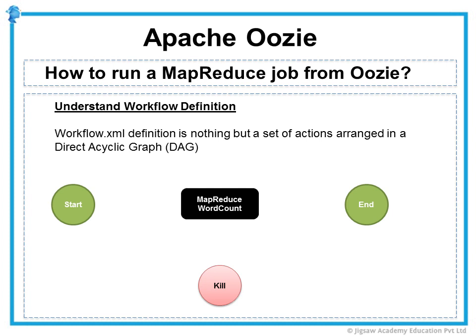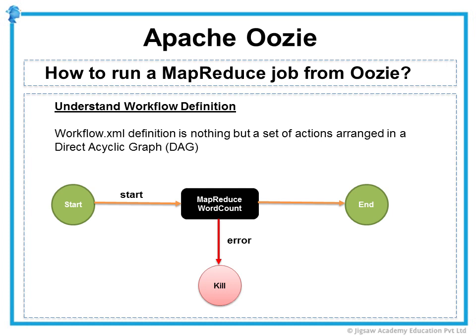The start node basically indicates where the workflow has to start, and the end node indicates where the workflow will end, and the kill node indicates what should happen when there is a failure of a particular action. The control nodes also provide a mechanism to control the execution path through the use of decision, fork, and join nodes. We'll see the use of these nodes in the next couple of videos.